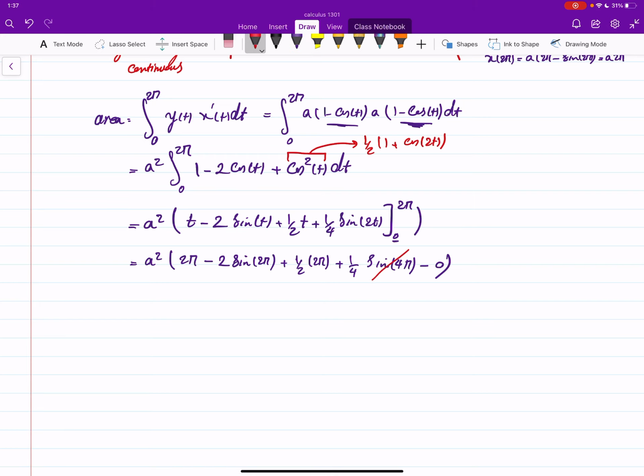Even in these terms, this guy and that guy are 0, and what we found is a squared times 2 pi plus pi, and that is 3a squared pi. So it's going to be 3 times the area of the circle generated that cycloid.